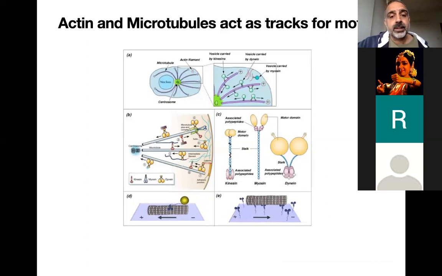So they'll ramify through the cytoplasm from what's called the microtubule organizing center, which is generally sat close to the nucleus, to the edge of the cell. And these stiff tracks are then used to transport vesicles, transport organelles, and actually fix organelles in position.